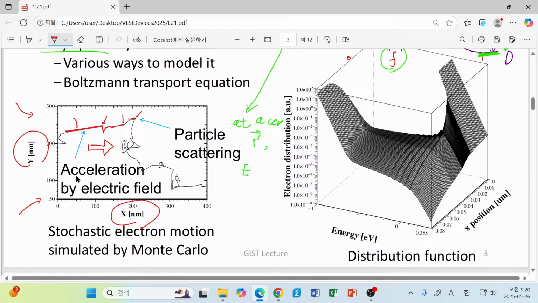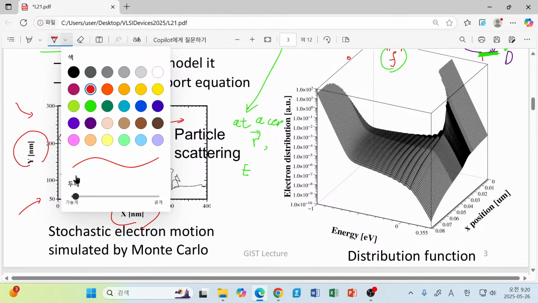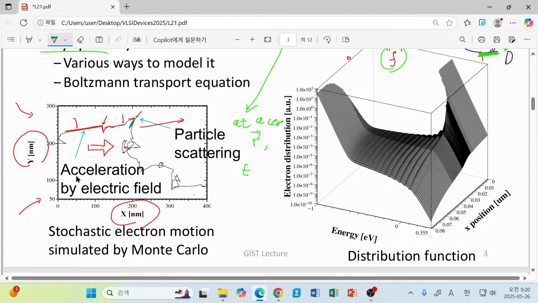So for example, even though acceleration is heading this way, after this event you can see that actually the velocity of this electron is in just the opposite direction because it just scattered. However, although it starts from this direction, because there is a strong electric field, eventually its motion follows this way.